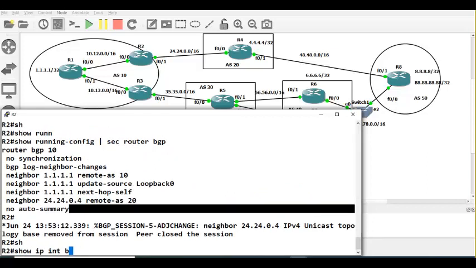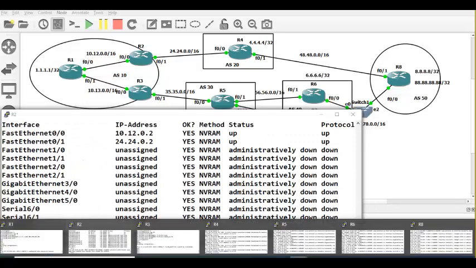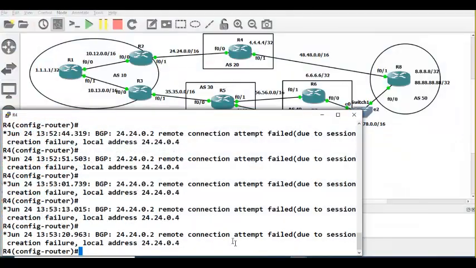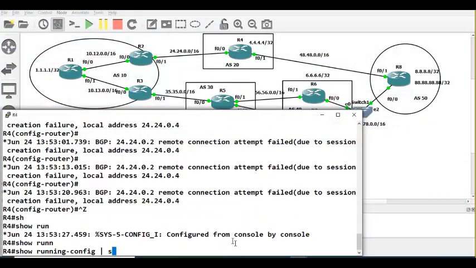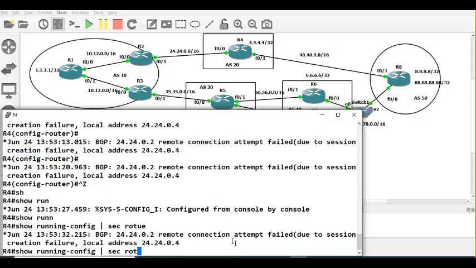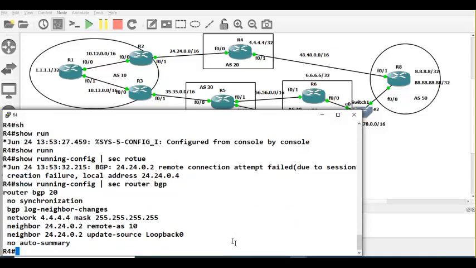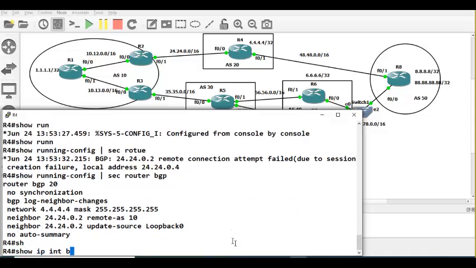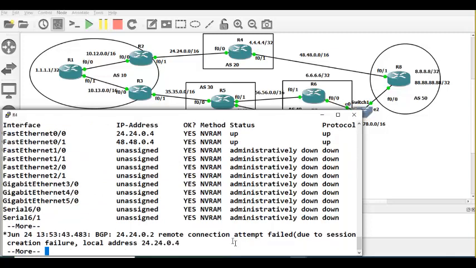Show IP interface brief. Show run section router BGP. Aha. It looks correct.